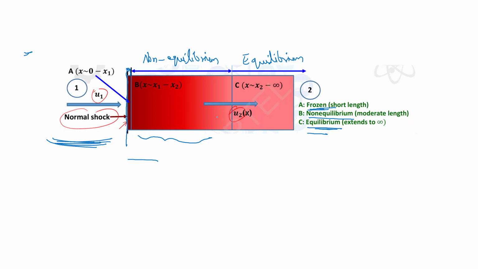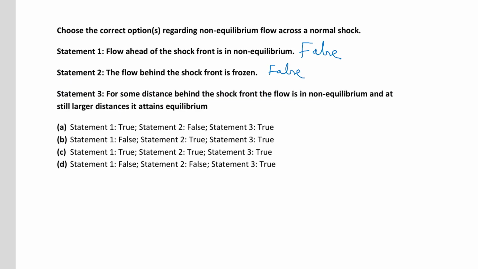So you can see here, this is the correct sentence. So this statement 3 is true. So if we check the options, which one is the correct option? Option D, in which statements 1 and 2 are false and statement 3 is true.